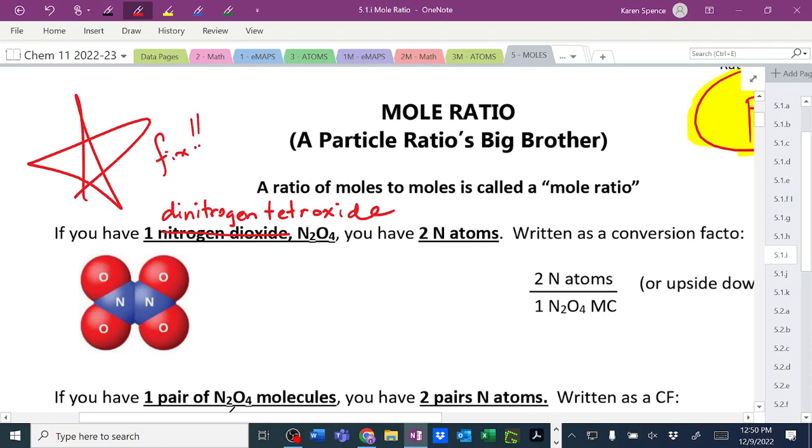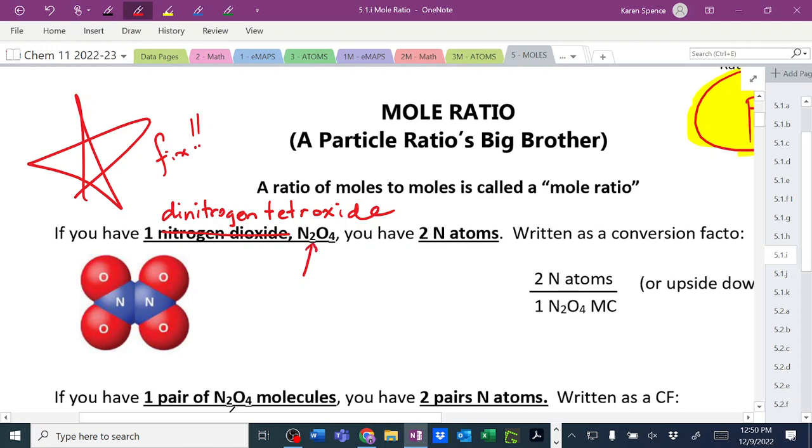You're going to have 2 N atoms, yes? And that was the ratio that we learned about a couple of days ago. All you do is you go into your atom and you say, how many N atoms do I have in there? Oh, look, it tells me I have 2, okay?